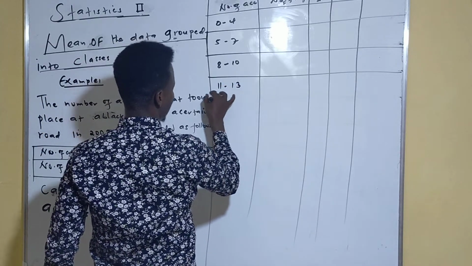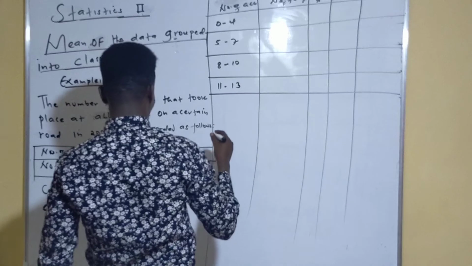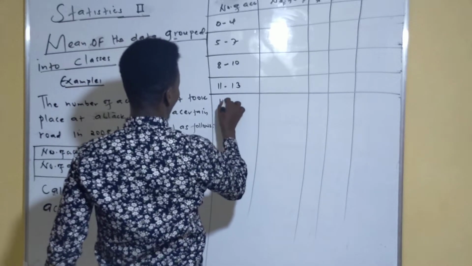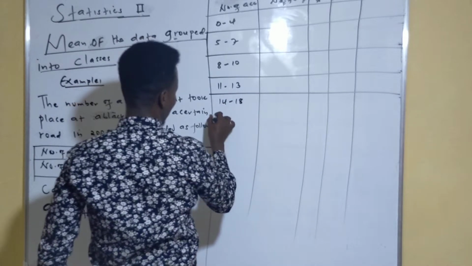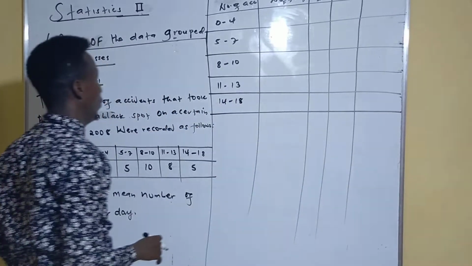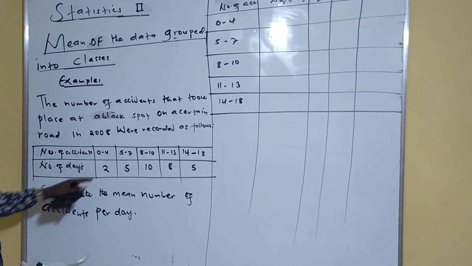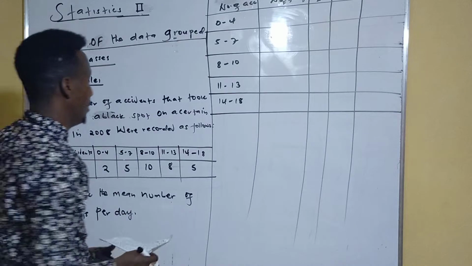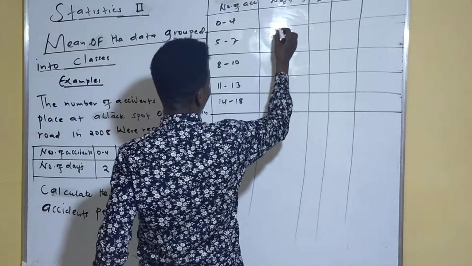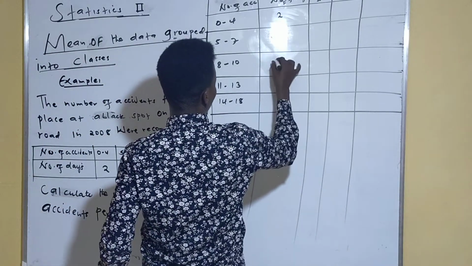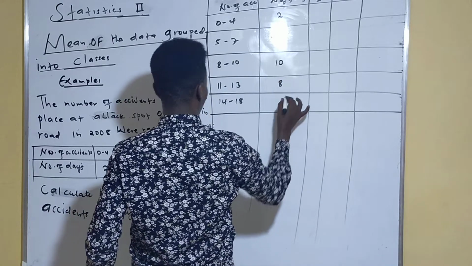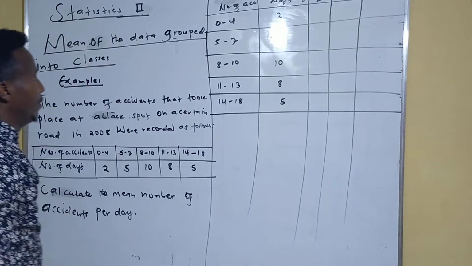Then we have 14 to 18, which is the last. That is 5 classes. Then for the frequency, we have 2, 5, 10, 8, 5.